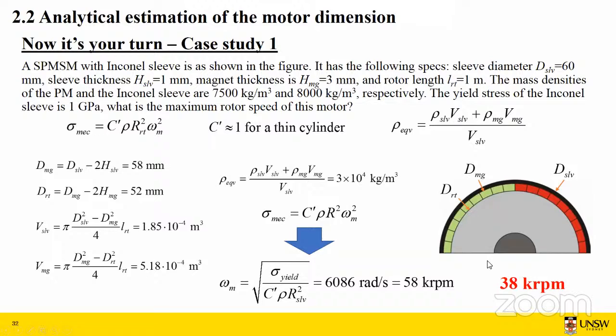So normally what we do is we divide this by 1.5, which is a safety factor. So we can see roughly it is safe for this machine to rotate up to 38 kilo RPM. So this is a very high speed machine. And normally you only need these sleeves for high speed machines.